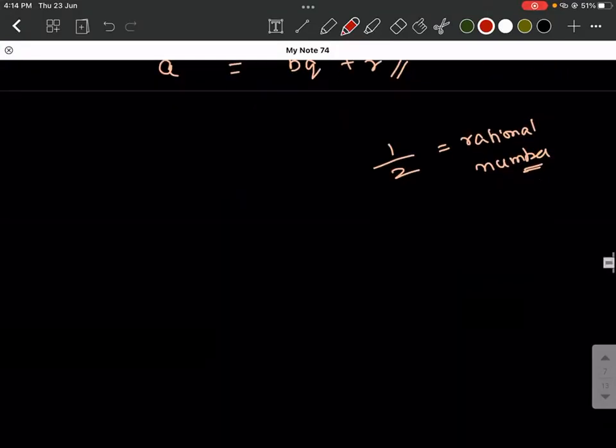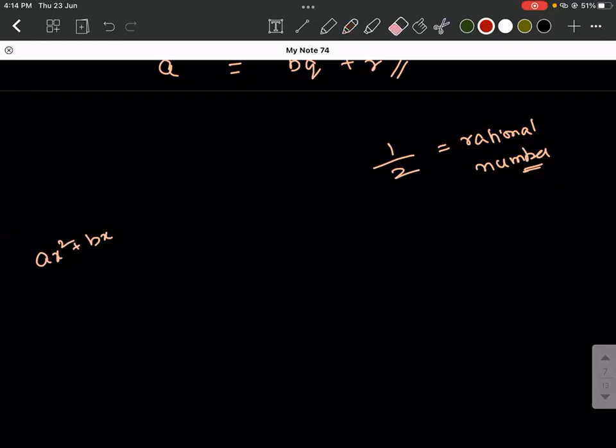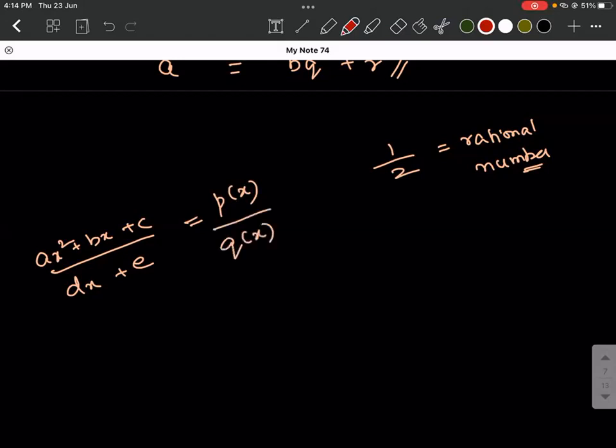Whereas if I'm writing something like ax square plus bx plus c divided by dx plus e, what is this ax square plus bx plus c? It is polynomial p of x. dx plus e, I can call it polynomial q of x. So if you are able to write polynomial divided by polynomial, you call this a rational function.